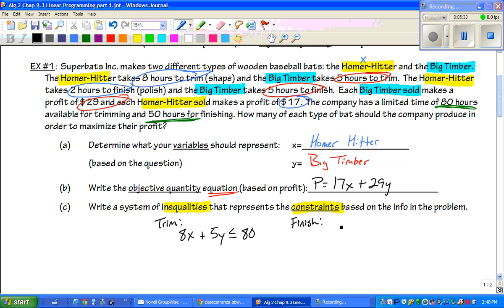It takes two hours to finish a homer hitter and 5 hours to finish the big timber, and that has to be less than or equal to 50 hours. So we're getting all of that information straight from the problem.